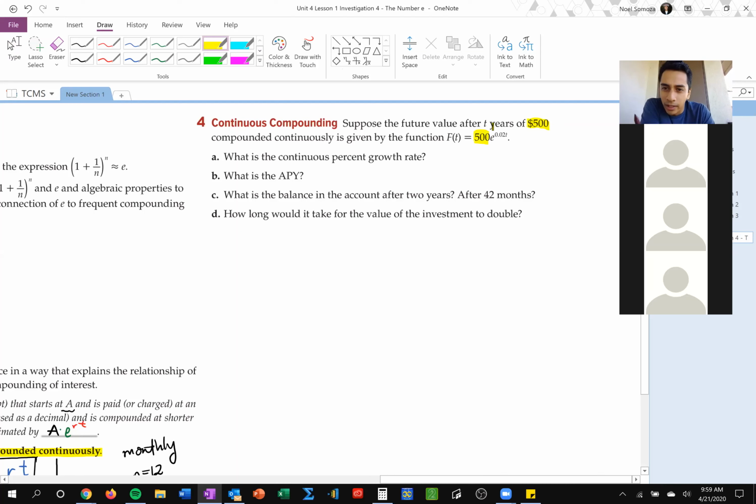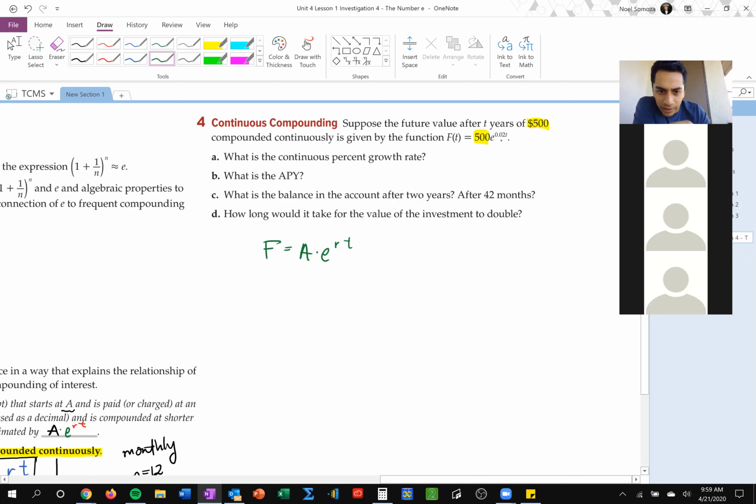Notice here that typically the compound interest formula in general is F equals A times e to the r times t. What do you notice? That instead of r, we have a value there already. That's the rate. We're being given the rate. We just have to know where to look for it.